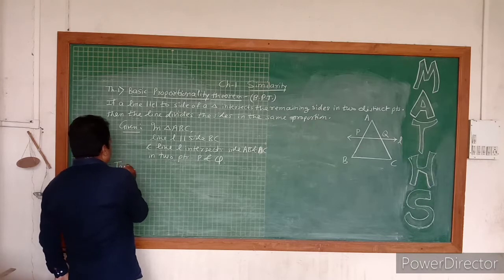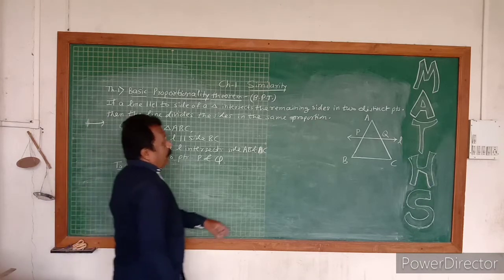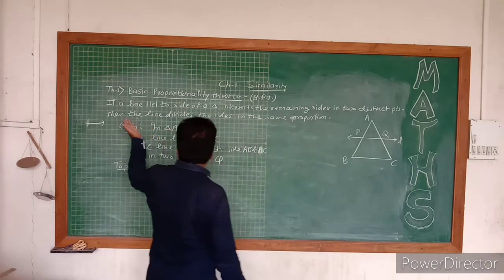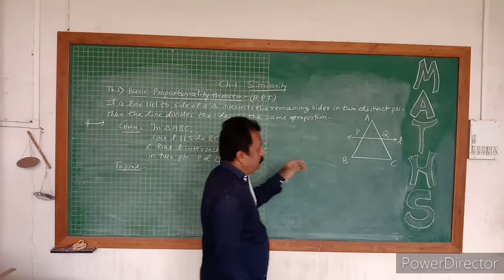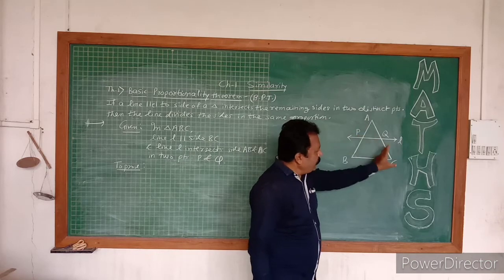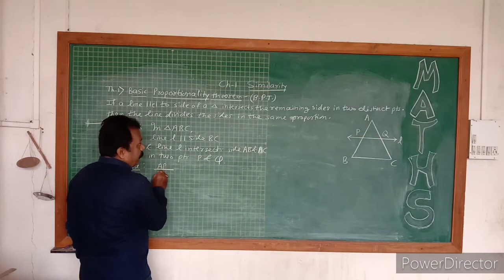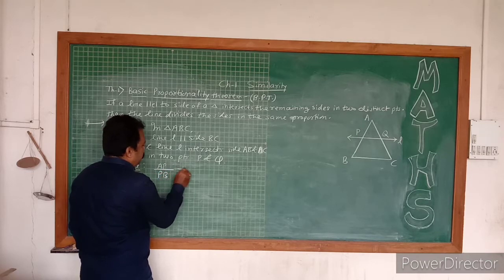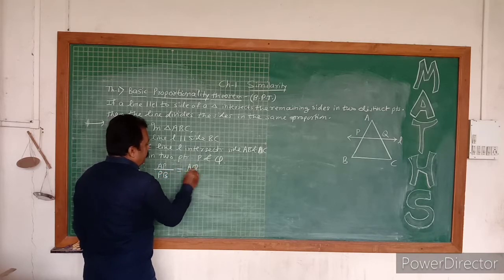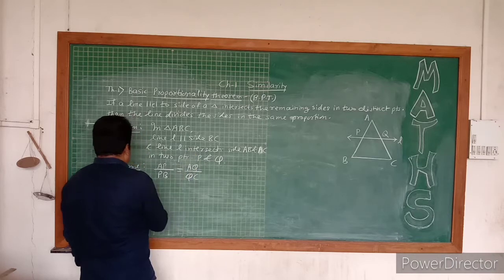Now what do you have to prove? You have to prove that AP upon PB is equal to AQ upon QC.